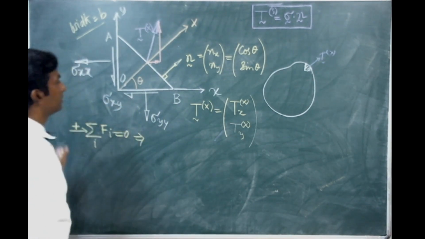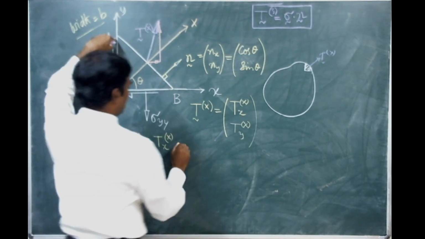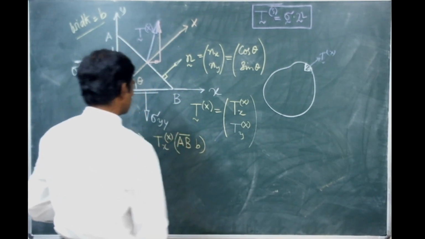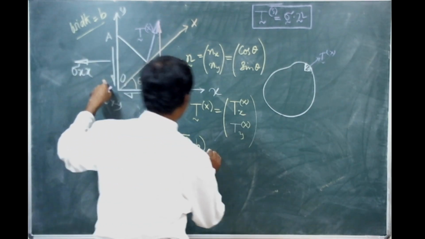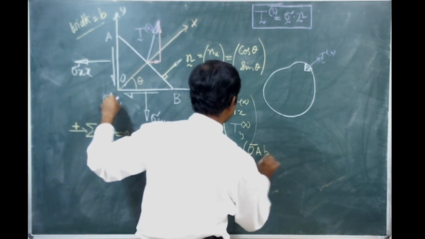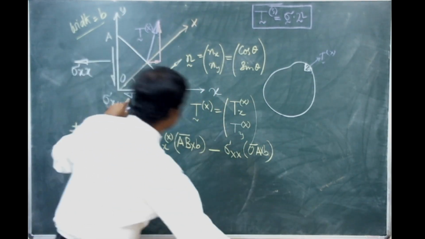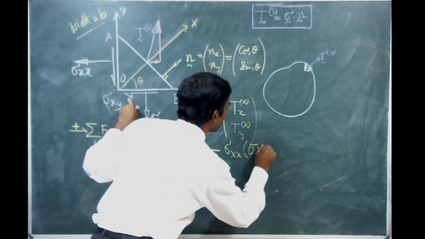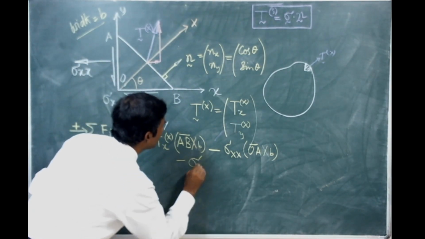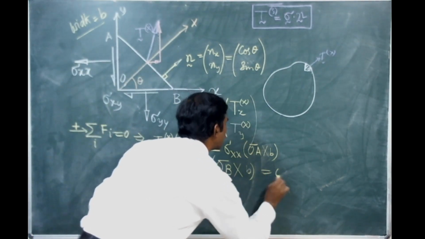This implies T^X_x times the area on which it is acting, length AB times B, and coming to this face, we get sigma xx times OA times B, and then on this face, sigma xy times OB times this width B. So that must be 0.